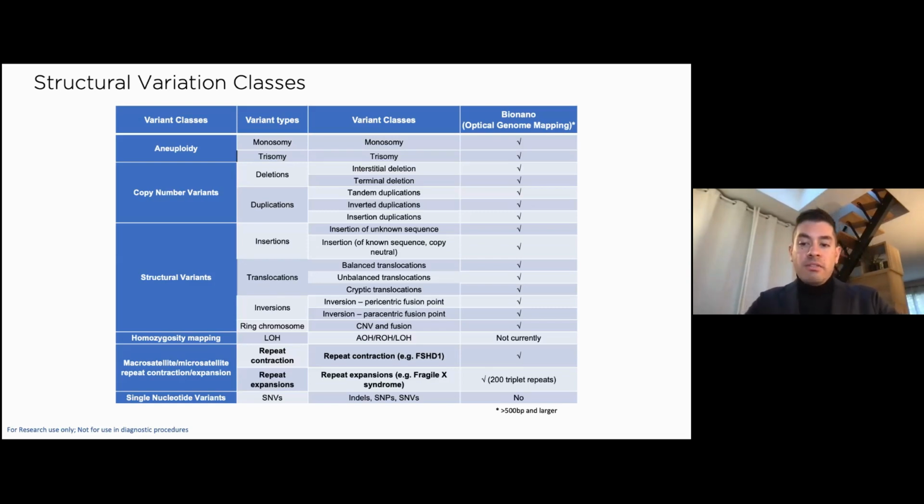And we can detect these events down to 1% allele fraction thanks to our high coverage, and this automatically and genome-wide. We can detect, of course, repeat array expansion and contraction.